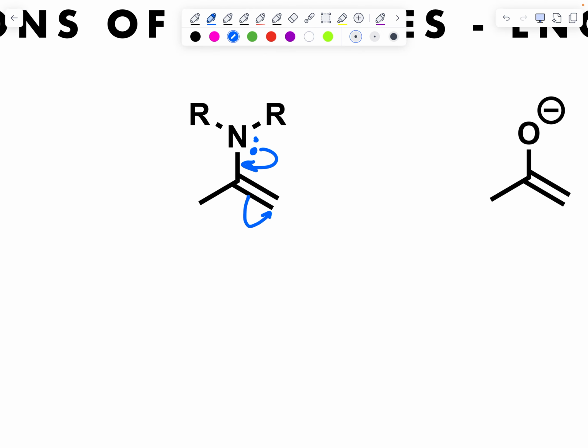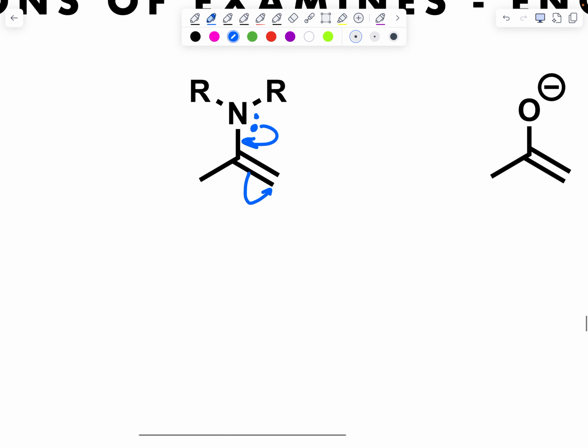So the lone pair on oxygen is going to attack the carbonyl carbon, or the iminium carbon, and push the electrons up to the nitrogen. Everybody okay with that?